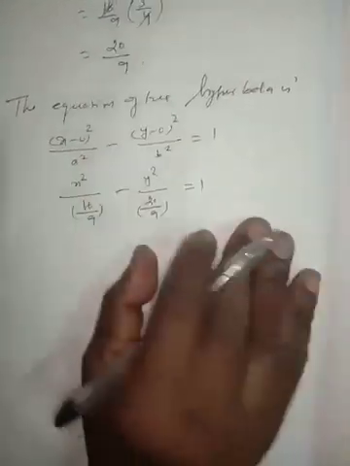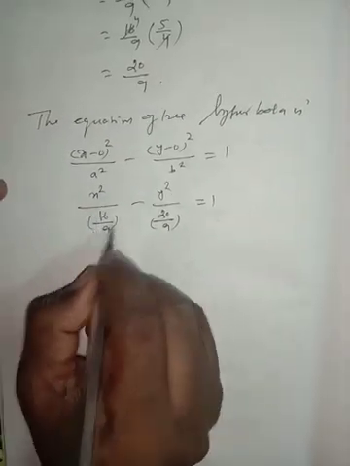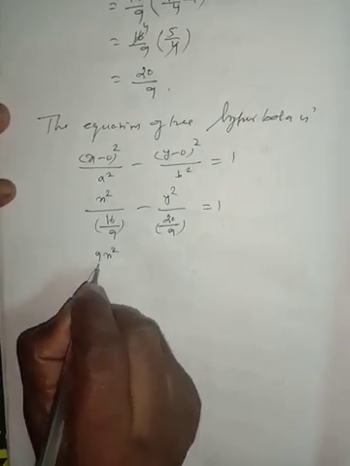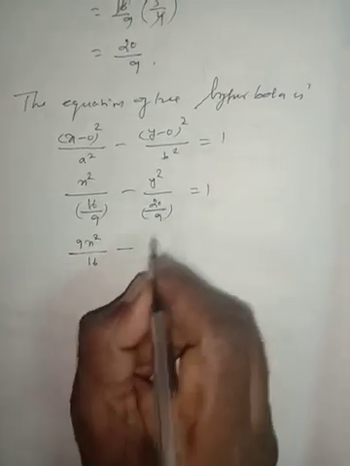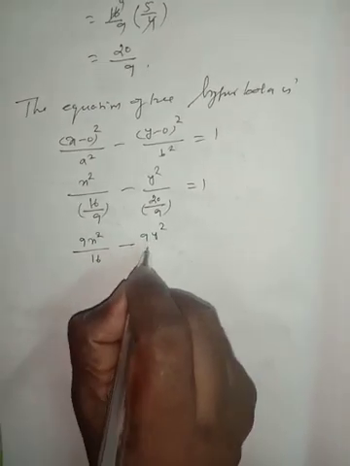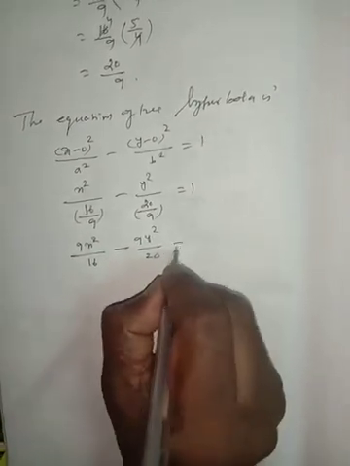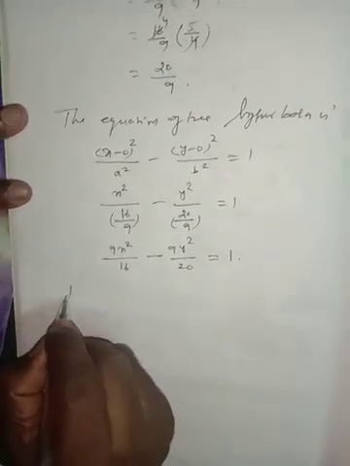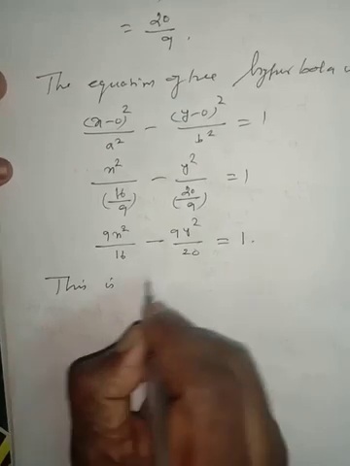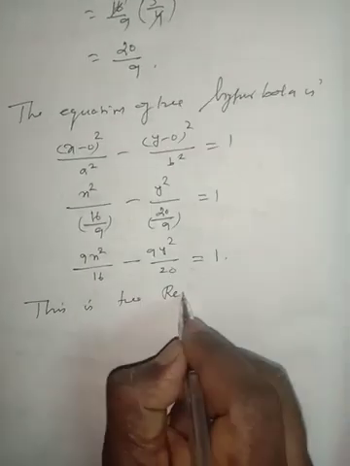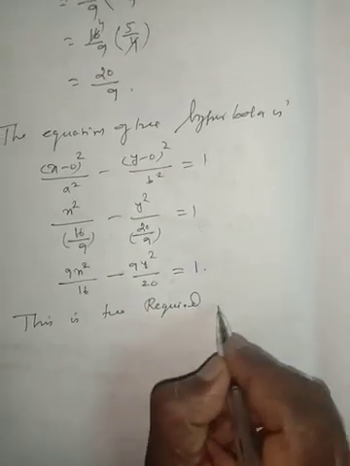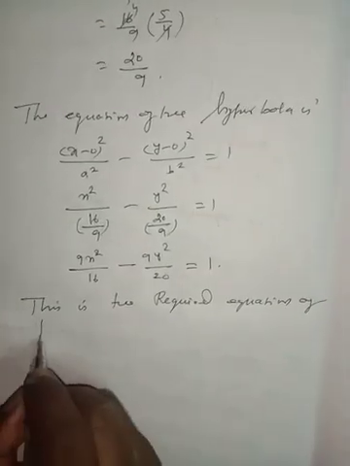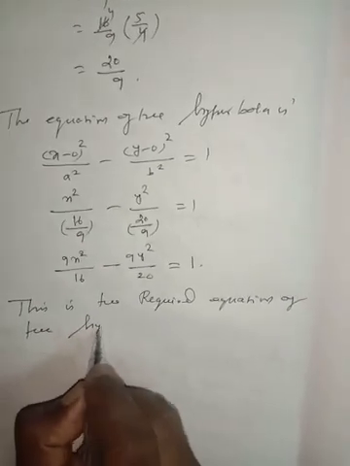Taking the reciprocal gives 9x square divided by 16 minus 9y square divided by 20 is equal to 1. This is the required equation of the hyperbola.